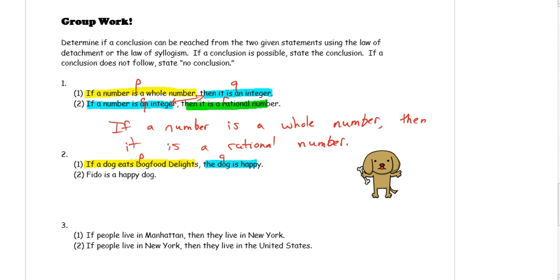We don't have that. All we're saying is Fido is a happy dog. We're using a conclusion in the statement. We don't know for sure that's the reason he's happy. It could be he went for a walk, he just got fed, who knows what it means, but just because he's a happy dog doesn't mean any of this happened. So we can't draw a conclusion from that.